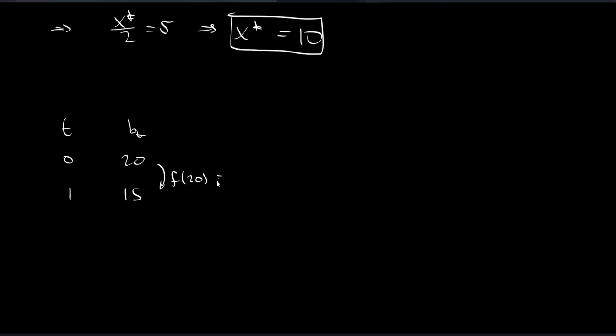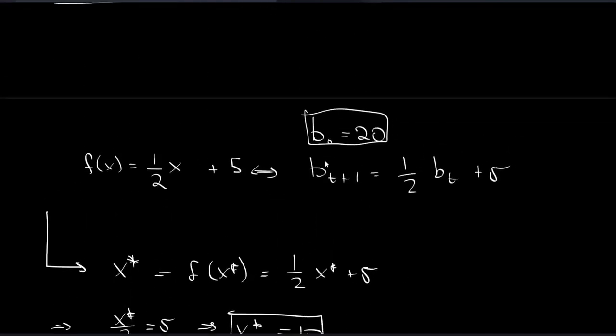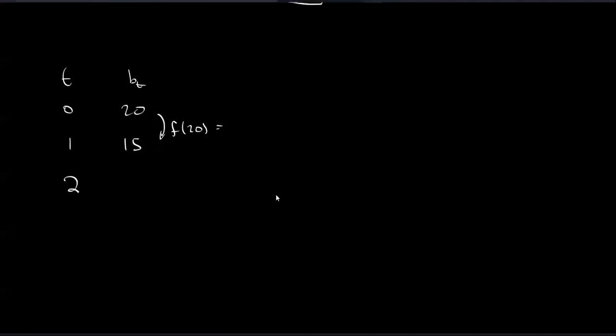Now we increment time again, to 2, and we halve 15. You might say that's going to give us 7.5. What are half bacteria? Let's just assume that instead of 1 bacterium, it means a million, so 20 would mean 20 million, 15 would mean 15 million. So we don't have to worry about decimals.